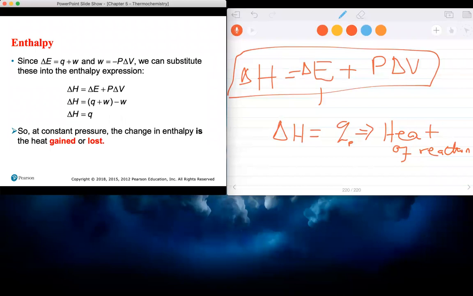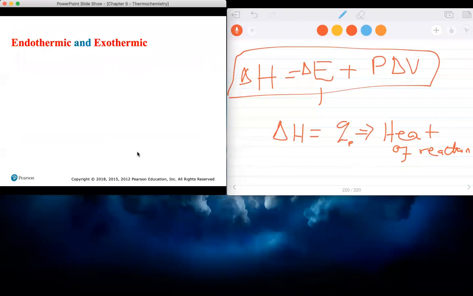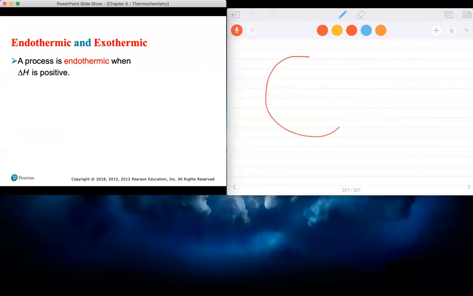We can calculate the heat gained by the system or heat lost by the system, exothermic, endothermic. I know we had this before. Negative means exothermic reaction.